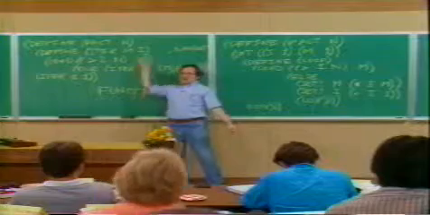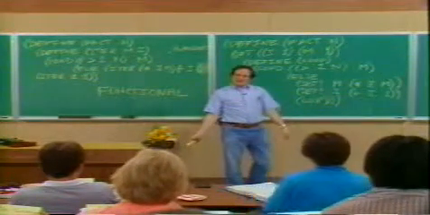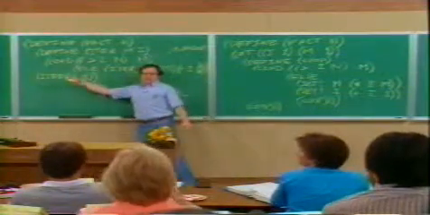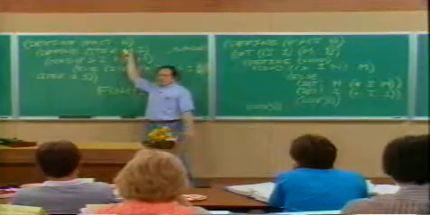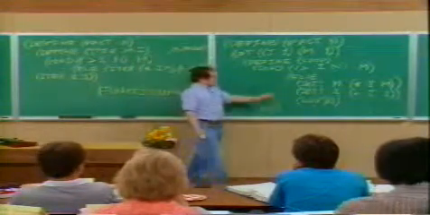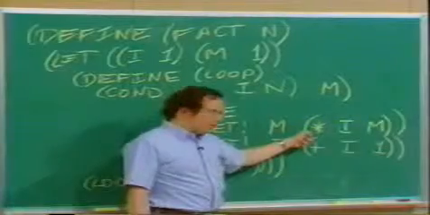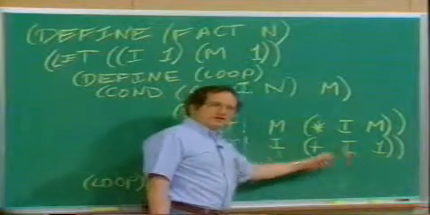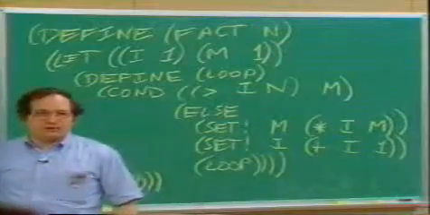Except here I wasn't changing, I was making another copy, because the substitution model says you copy the body of the procedure with the argument substituted for the formal parameters. Here I'm not worrying about copying. Here I've changed the value of m. I also then change the value of I to I plus 1 and go buzzing around. Seems like it's essentially the same program.